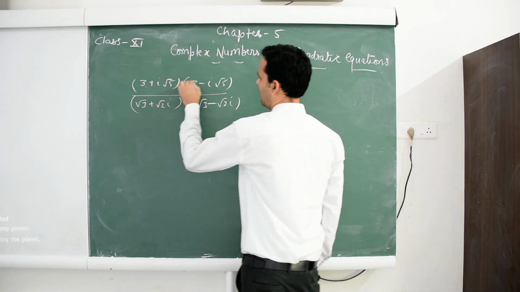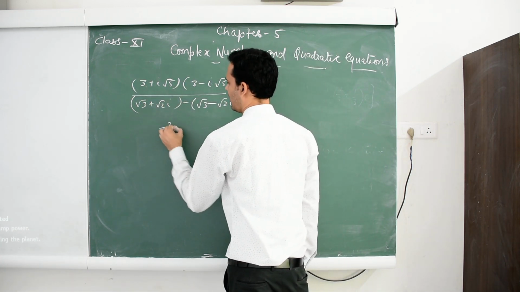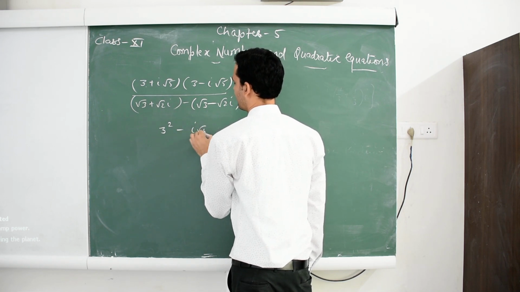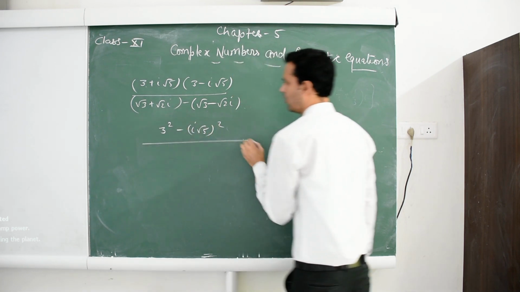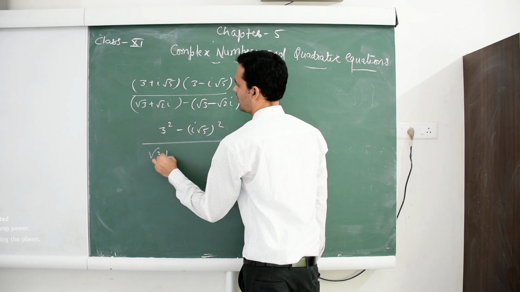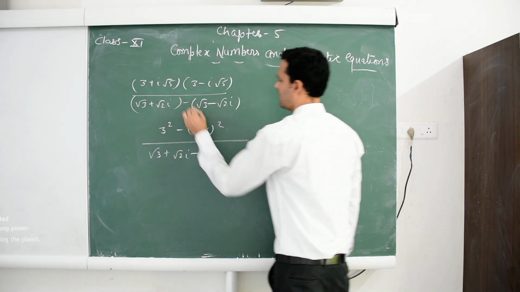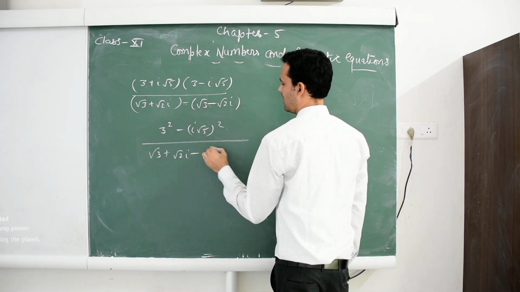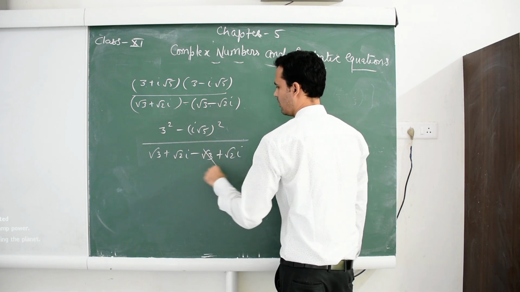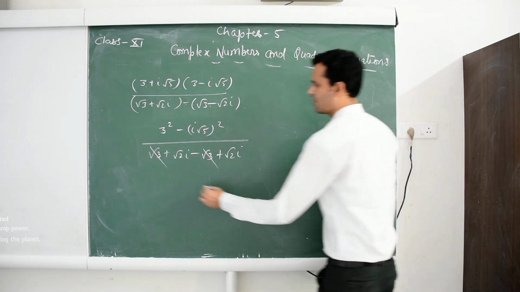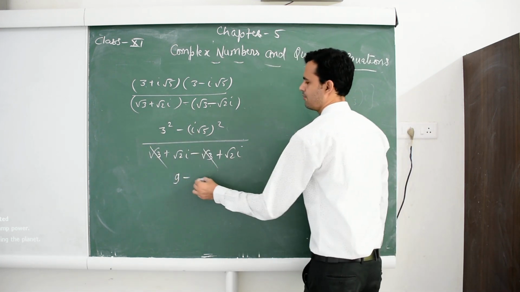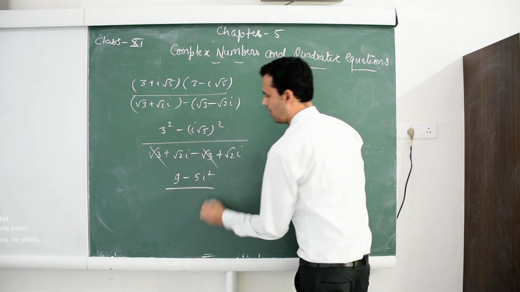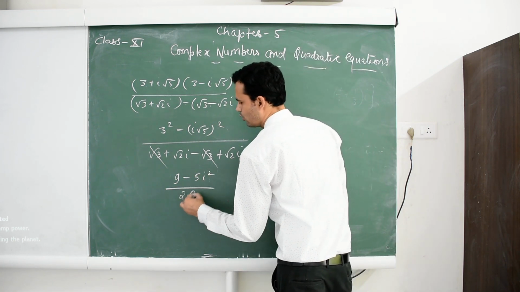So (a plus b)(a minus b) is a square minus b square, upon root 3 plus root 2i minus root 3 plus root 2i. Root 3 cancels. So it is 9 minus 5i square upon 2 root 2i.